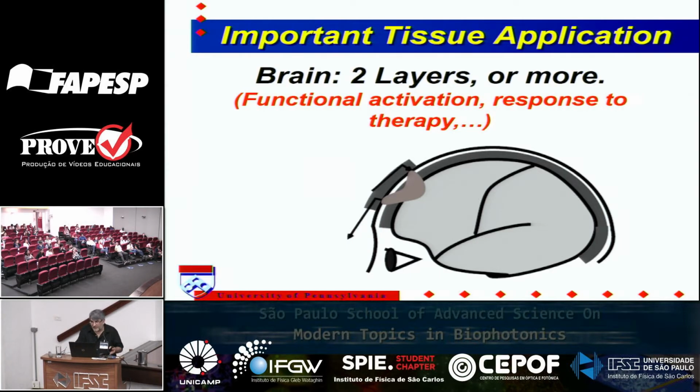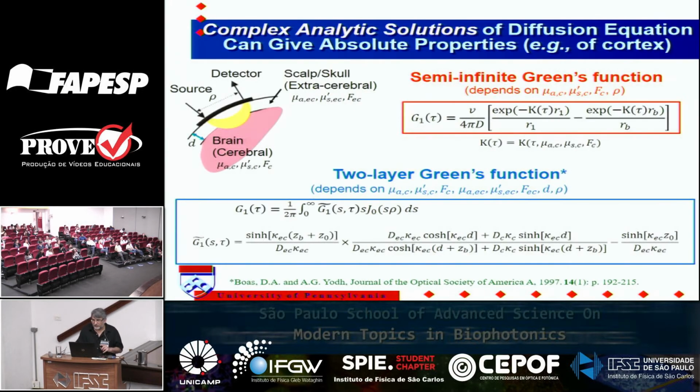But let me first say that you could also go back to diffusion theory. And again, don't worry about the details. You can solve this problem exactly for two layers, for what you should measure depending on the properties. In principle, if you had many source detector separations, you could fit to this and figure out the absolute properties.